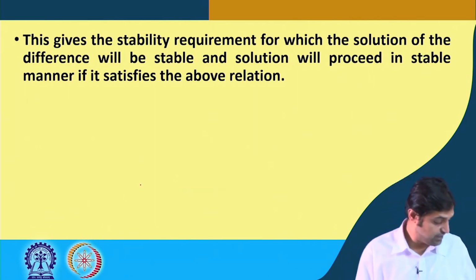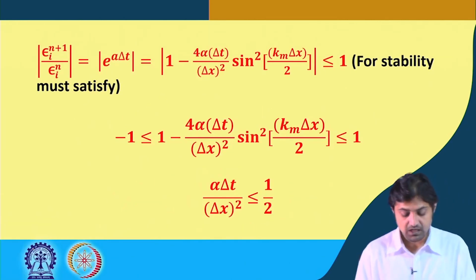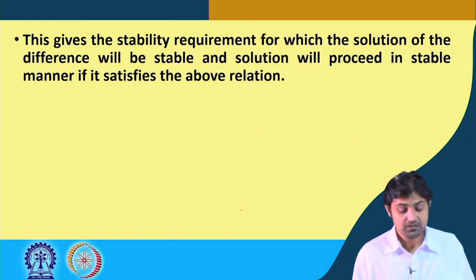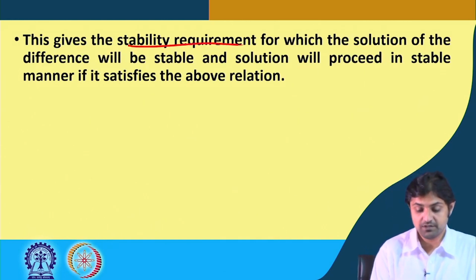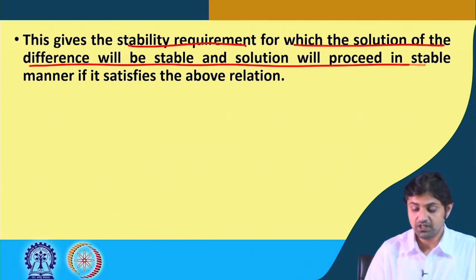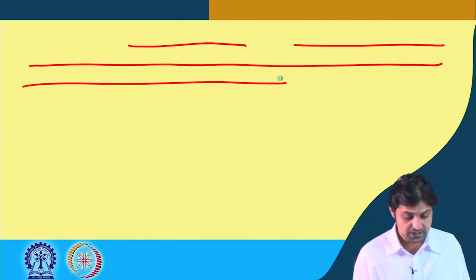So the final solution here, alpha delta t by delta x square less than or equal to half, gives the stability requirement for which the solution of the difference will be stable and solution will proceed in stable manner if it satisfies the above relation. So, which relation?